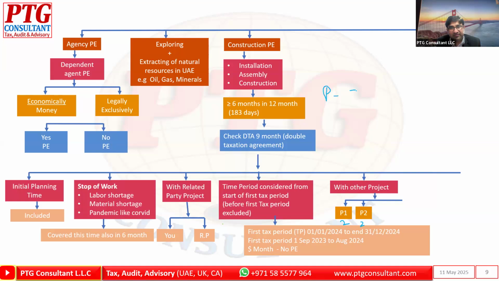Let's take P1 as 2 months, Jan and Feb, P2 as March and April, and then P3 as April to May.